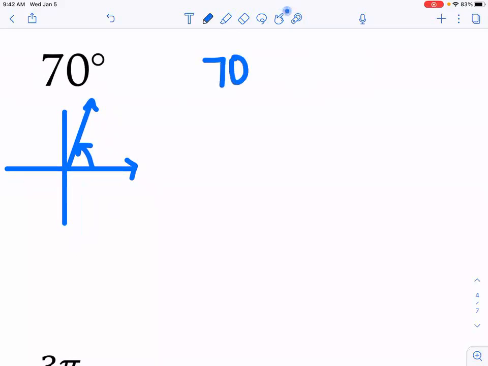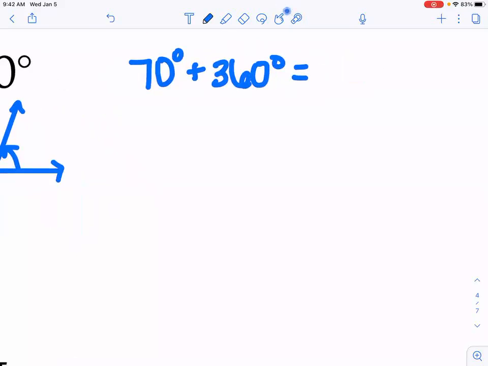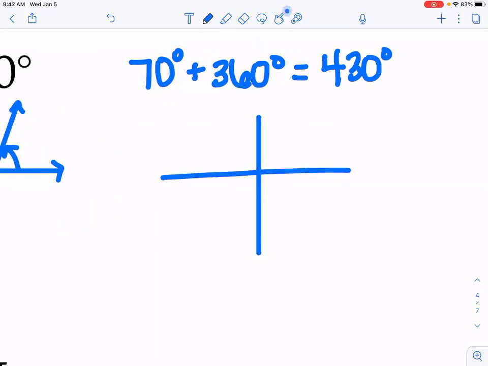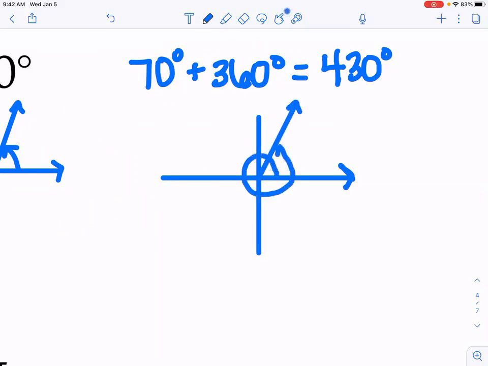So if we take 70 and we add 360, we would get an angle measure of 430. There is a coterminal angle. And we could add another 360 degrees and we could have 790 degrees if we wanted to.